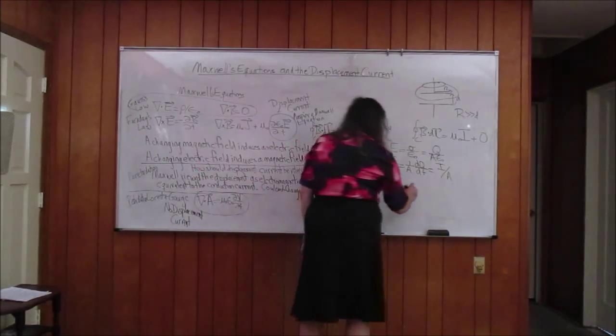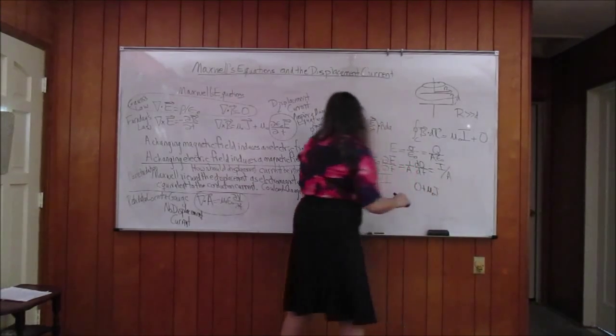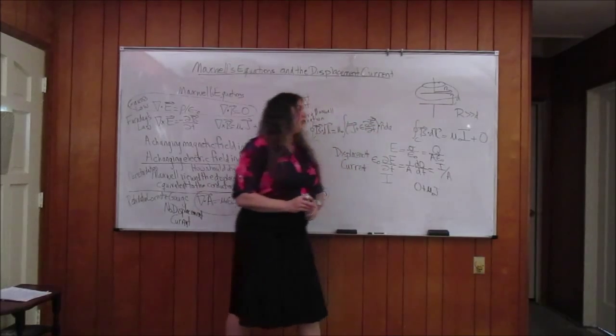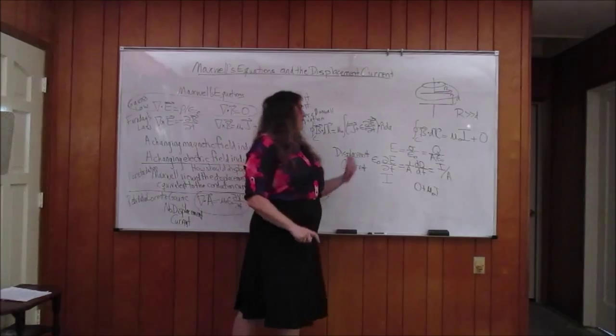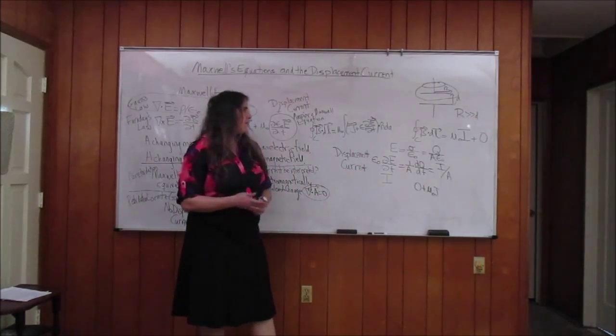And then you'd have 0 plus mu naught I in that case. Again, you'd have 0 in between the plates because the conduction current vanishes there. So here we are treating the displacement current as electromagnetically equivalent to the conduction current. Okay?